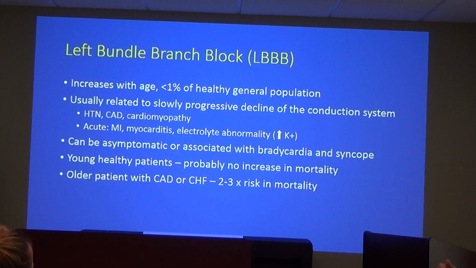So left bundle branch block, to summarize this slide when you look at it, left bundle branch block is almost never normal. It usually means there's something wrong. You may not ever find exactly what it is, but something's wrong. It's found in very few, less than 1% of a healthy general population.